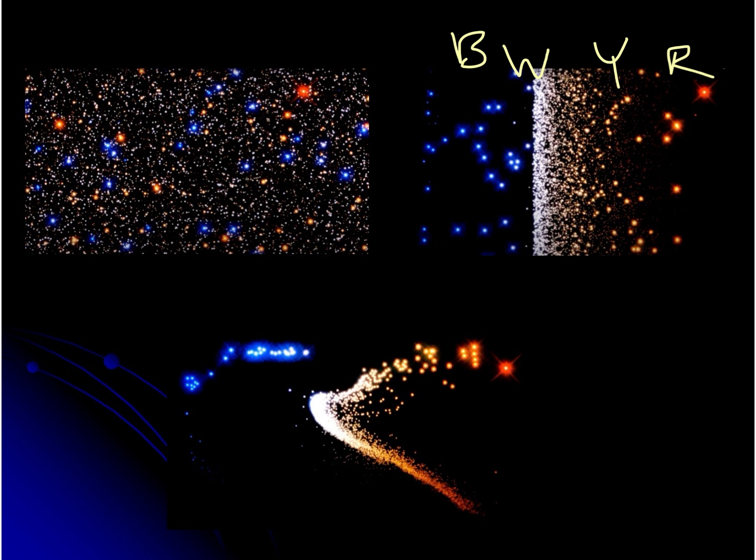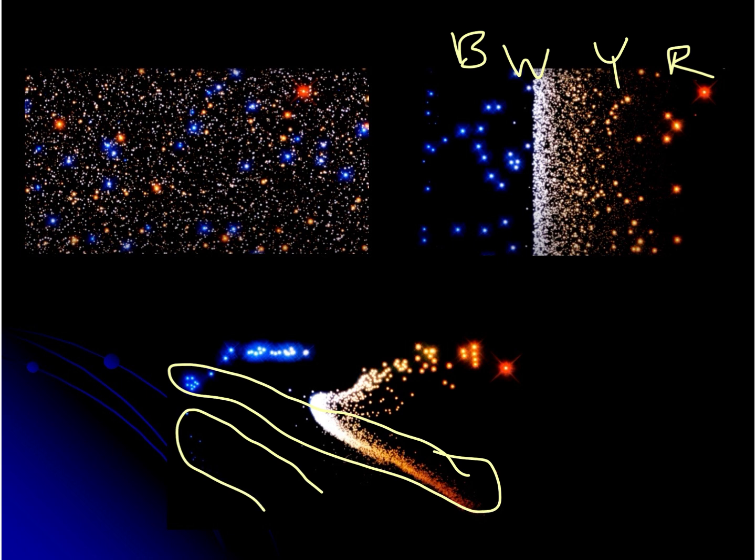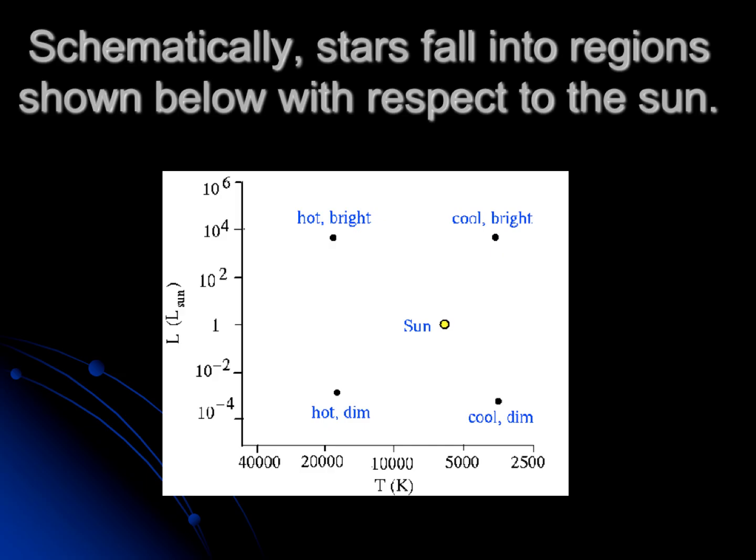This animation of the stars shows that you can actually create an HR diagram from just this one star cluster. Here, you see the main sequence. White dwarfs down here are almost too dim to see in this photo, and these branches of stars are the ones that are peeling off to become giants and supergiants. Notice that the sun is sort of in the middle of the diagram.